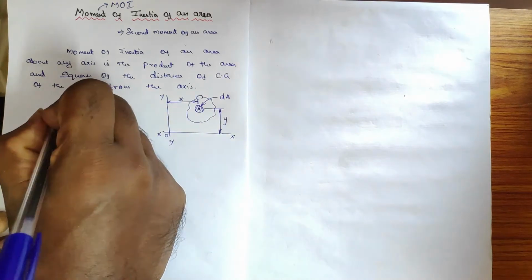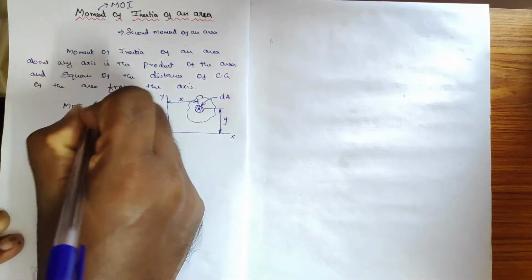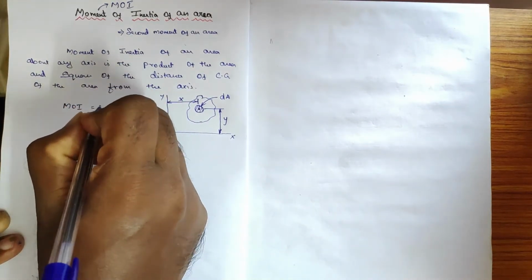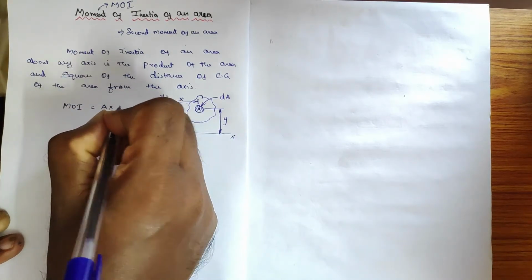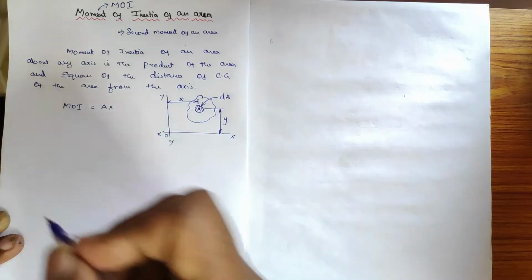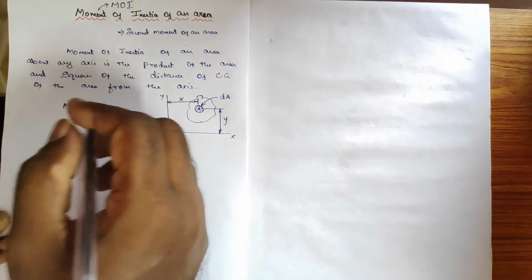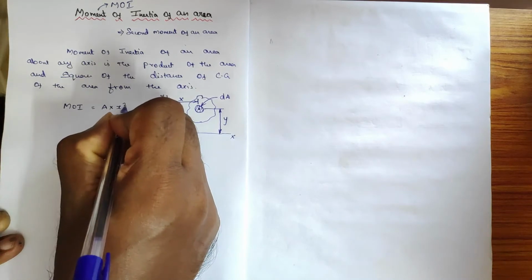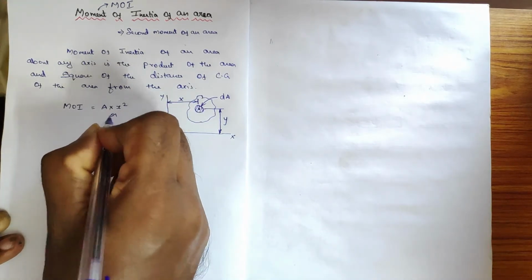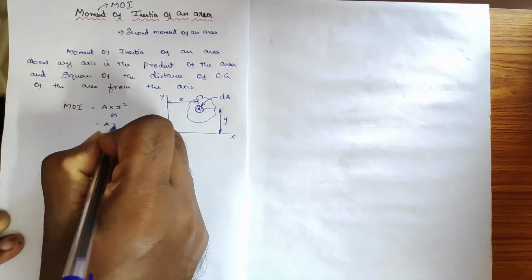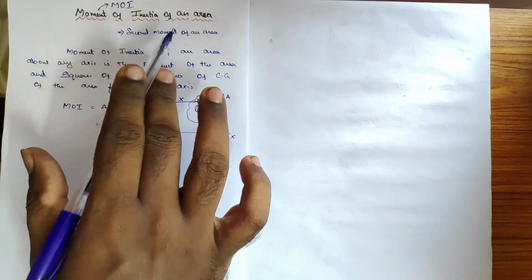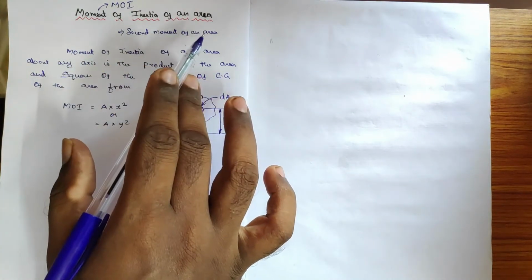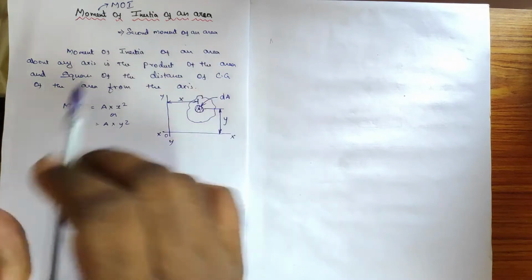So here moment of inertia, as per this definition, is the product of area into square of distance. If I consider the distance as x, then it will be x square, or if I consider it as y, then it will be y square. MOI.